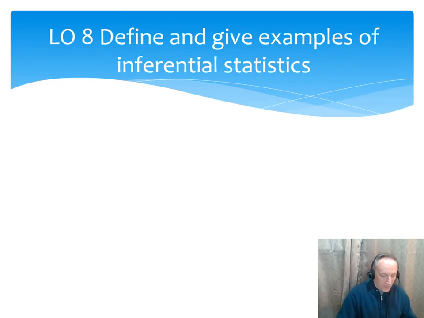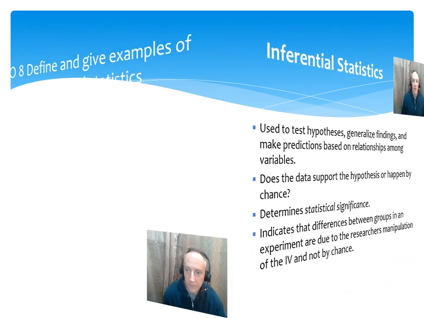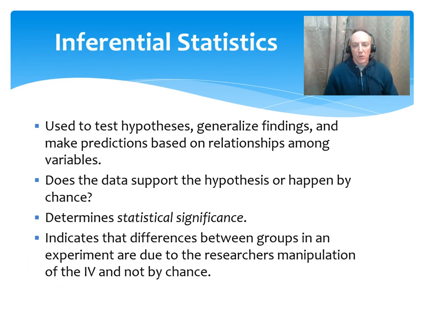Now we're going to talk about a different type of statistic known as inferential statistics. So this is the kind of statistic we use to sum up our experiments, to sum up those studies where we're actually testing a hypothesis.